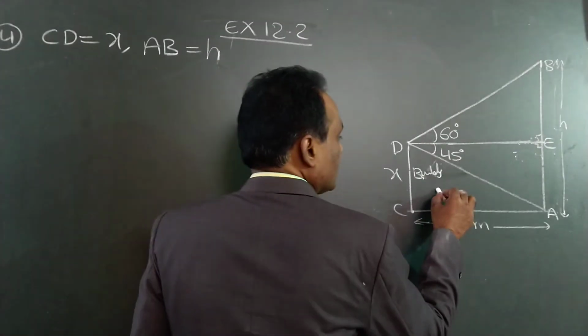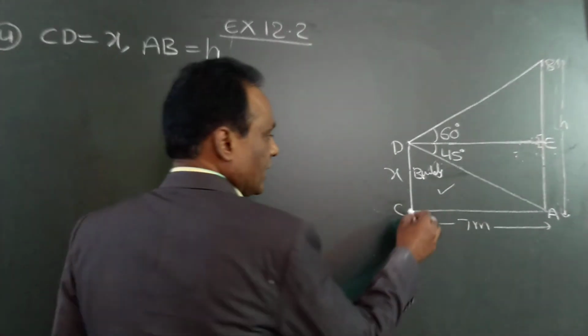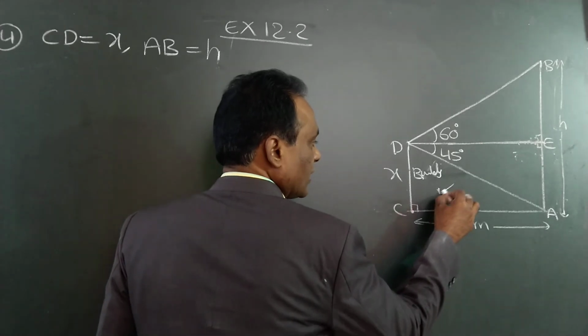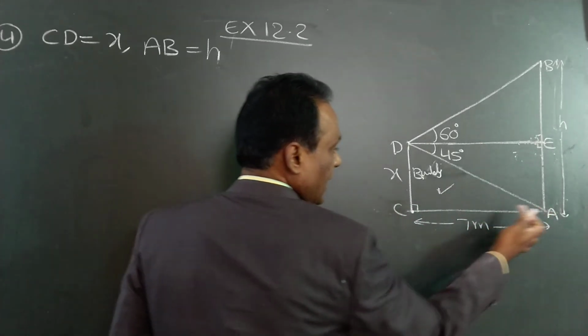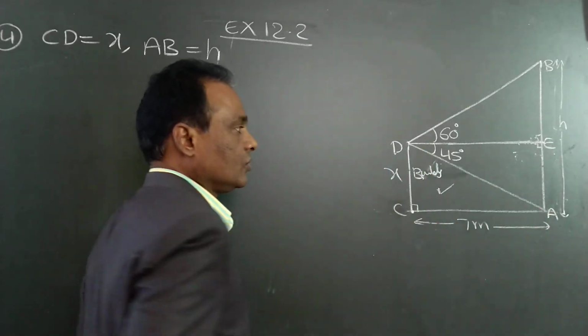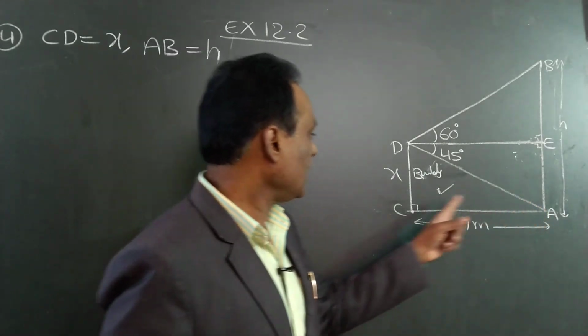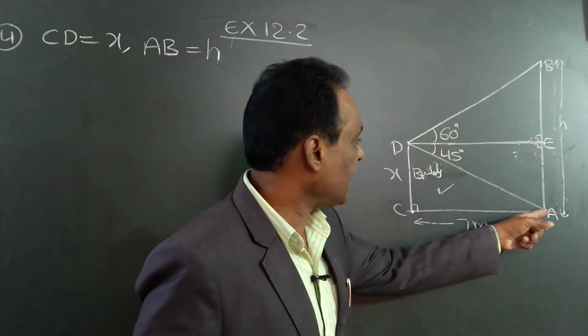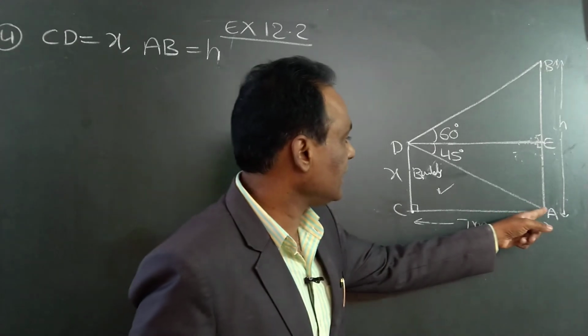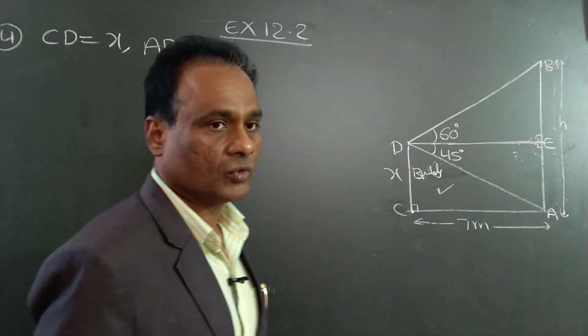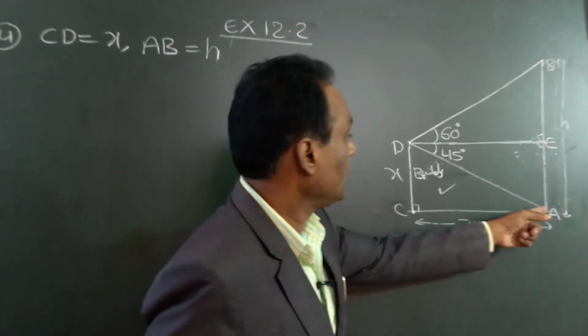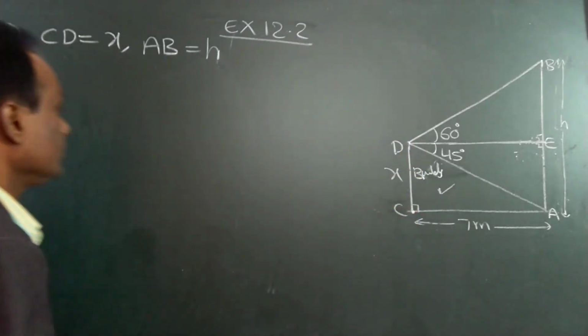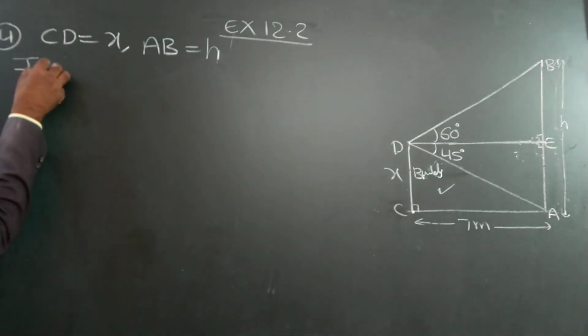See here. I am taking this right angle triangle, ACD. ACD right angle triangle. Don't write.